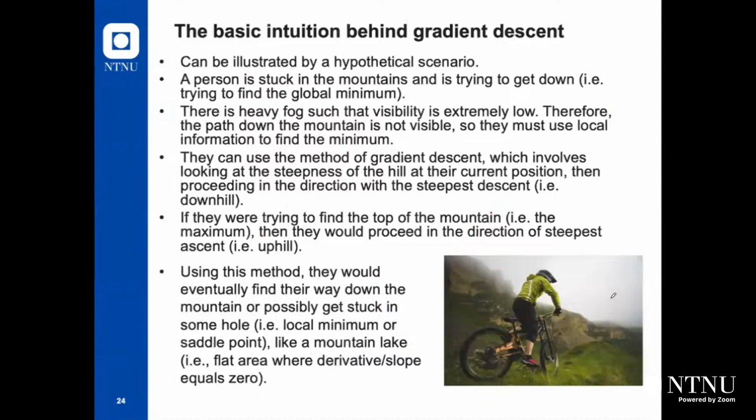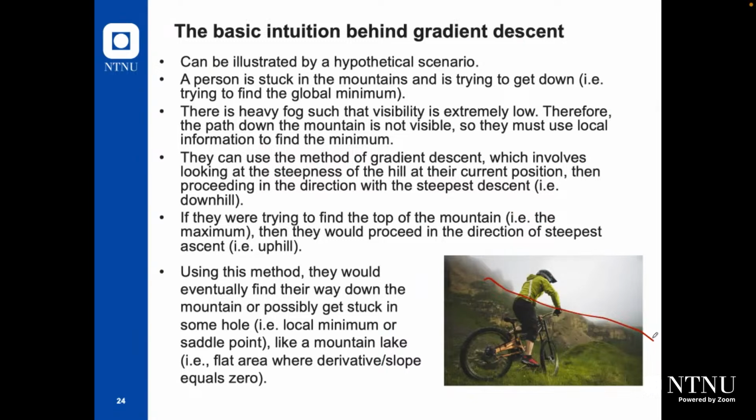So the intuition behind gradient descent: just imagine this hypothetical scenario. You have a person who is stuck on a mountain, and it's foggy around him, and he tries to go down. So he tries to search for the global minimum. In this case, there is no visibility.